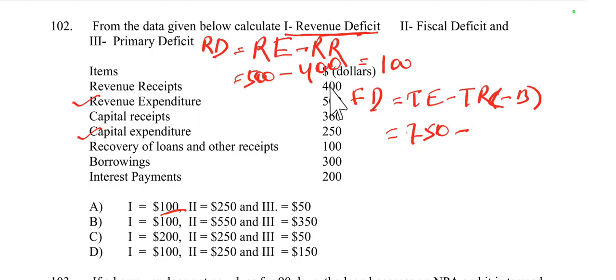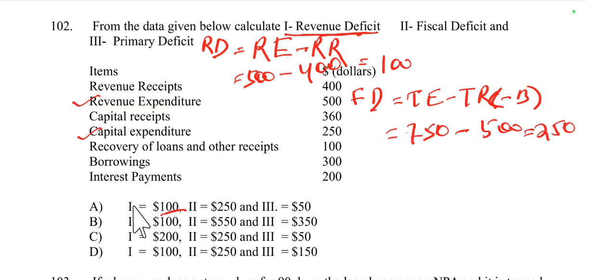So revenue receipt is equal to 400 plus recovery of loans and other receipt is equal to 100. So 400 plus 100 is equal to 500. So it is revenue receipt excluding borrowings, it is 500. So 750 minus 500 is equal to 250.